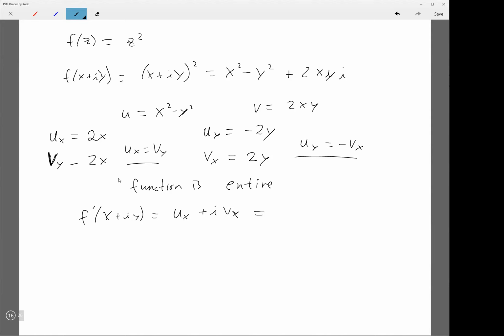So u_x is 2x, plus i times v_x, which is 2y, so 2yi. That's the same as 2 times x plus iy, which we already know is 2z, right? So that's what it looks like when it's differentiable everywhere. They just completely match up everywhere, right? Okay.